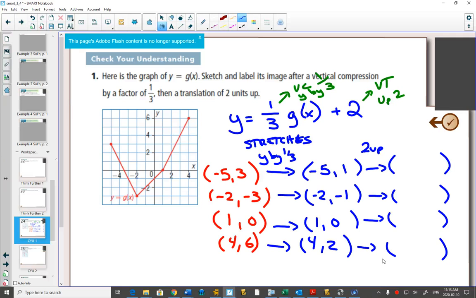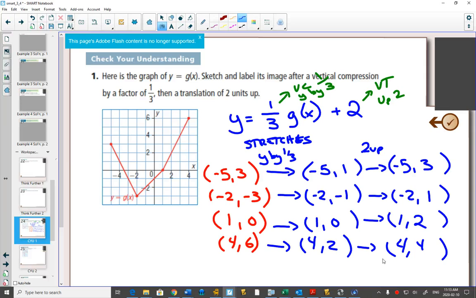You can check after you've done all the points, or sometimes 2 up, -5, 3. Did I do it up with the y? Yes. -2, 1. Yeah, that's good. 1, 2, check. 4, 2 becomes 4, 4. And if your check is the next thing you're going to do, then you're not going to make a mistake on what you're going to do because you're checking as you go along.